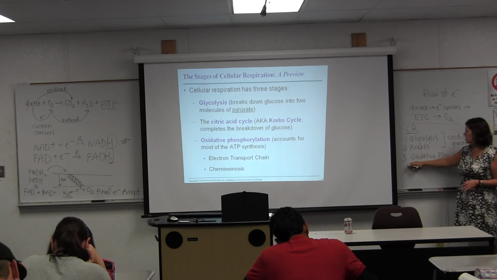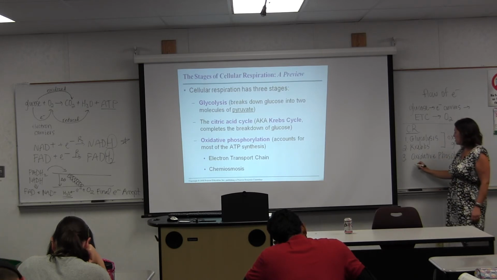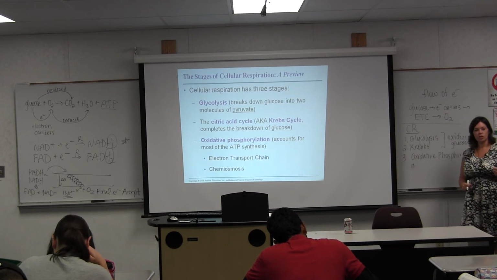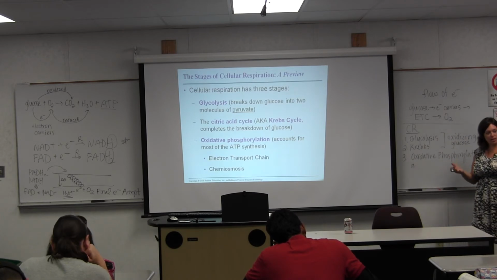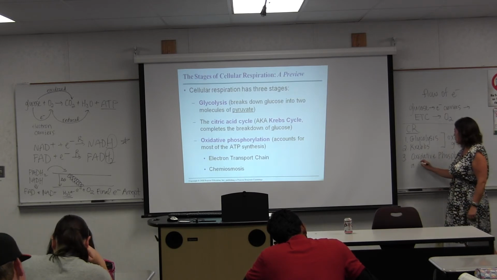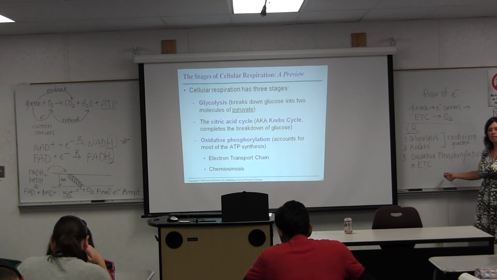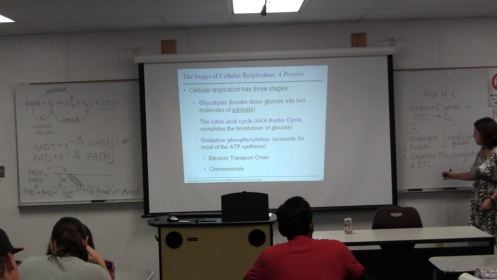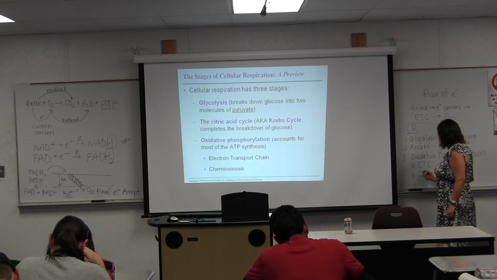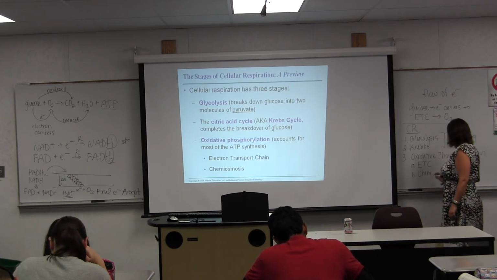And then the third step, this oxidative phosphorylation, is actually going to have two processes that work together within it. The first one is going to be this electron transport chain, or the ETC that we just talked about. The second step is going to be a process called chemiosmosis.